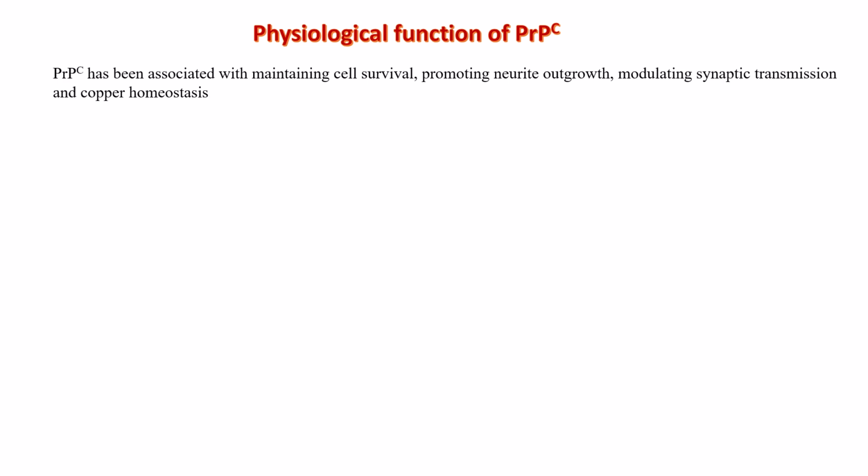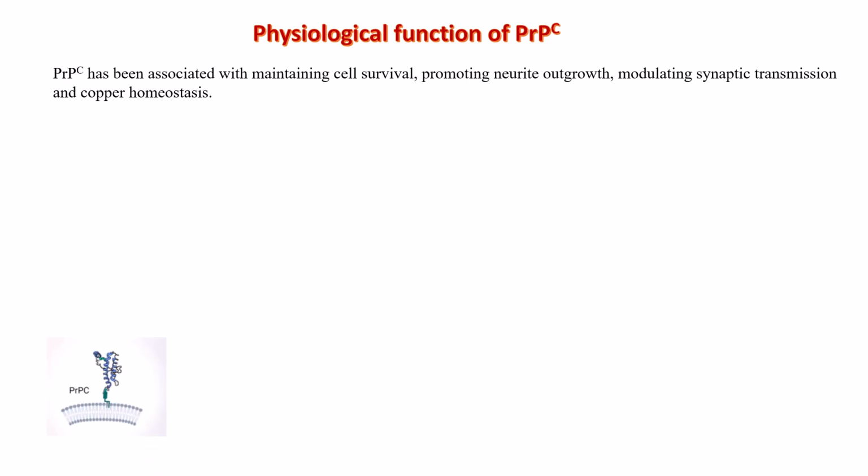Let us now discuss the physiological function of PRP-C. The precise function of PRP-C is unknown. However, considerable progress is being made towards understanding its physiological activities. PRP-C has been associated with maintaining cell survival, promoting neurite outgrowth, modulating synaptic transmission, and copper homeostasis.